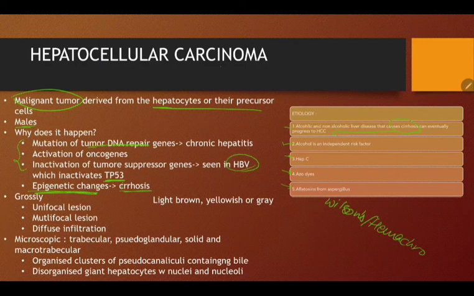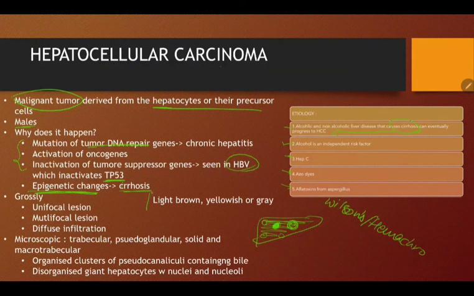Grossly, it can either have a unifocal lesion, that is, this is the liver. It can either have one lesion, large and circumscribed with a large hard nodule, or else it could be multifocal, that is, multiple lesions of varying sizes, or else it could be diffuse infiltration. So it's all over, right?